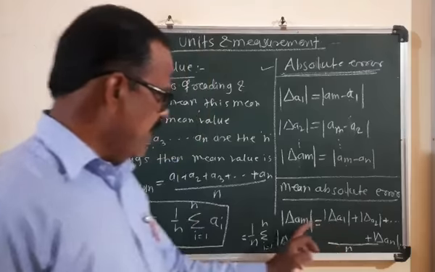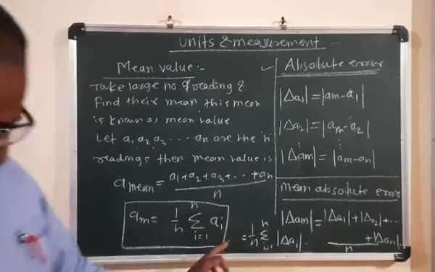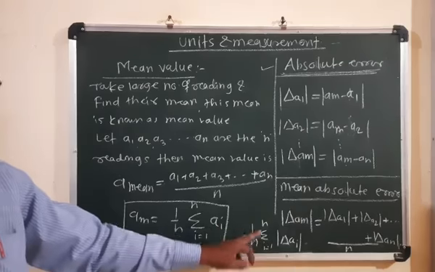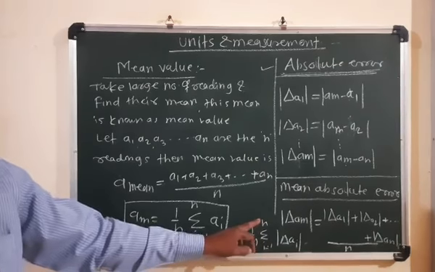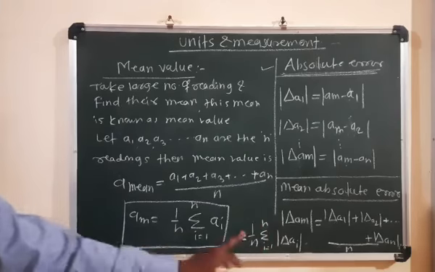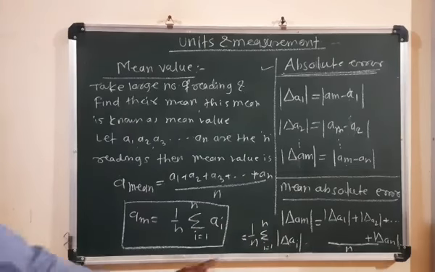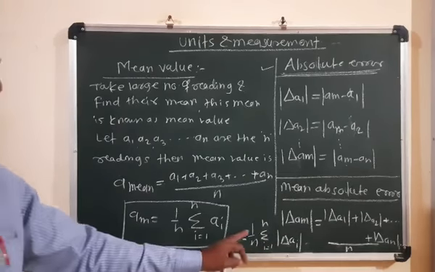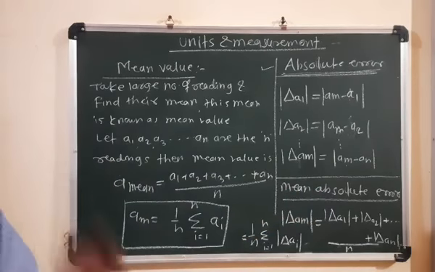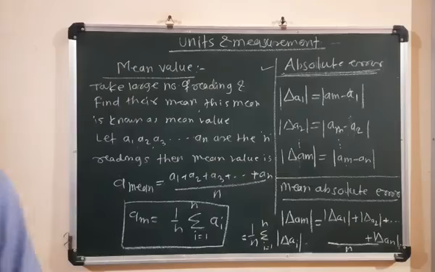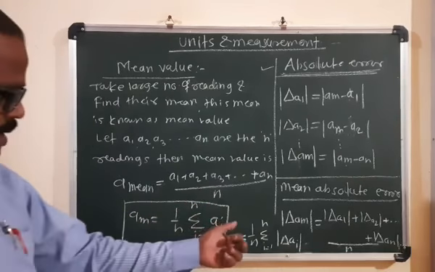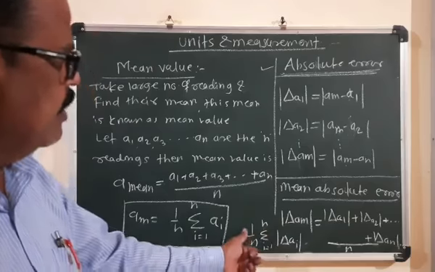This equation can be written as 1 upon n into summation i equals 1 to n of delta Ai, where i takes values from 1 to n. This formula gives the mean absolute error.